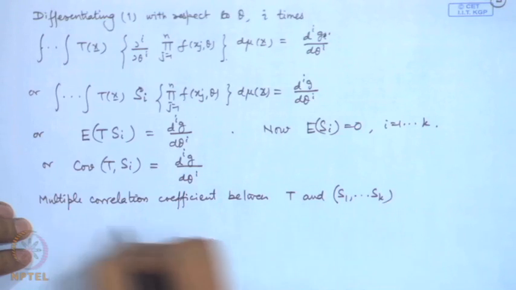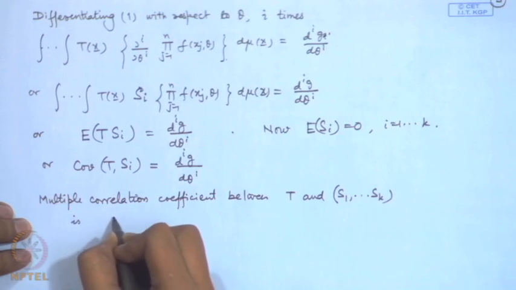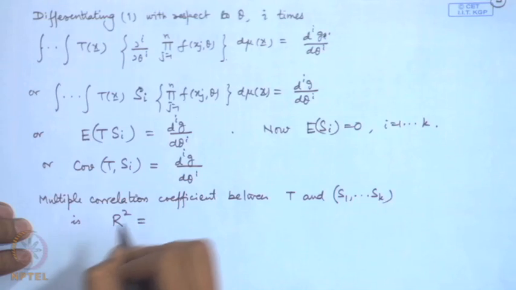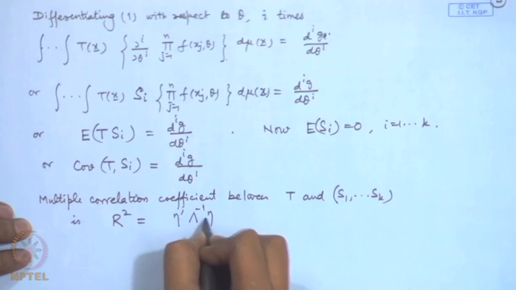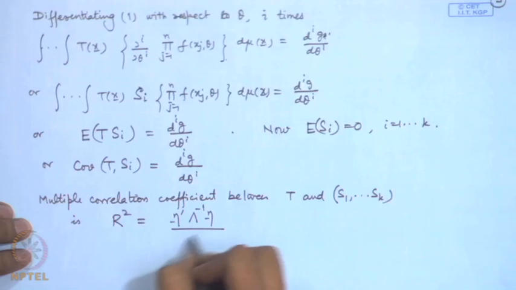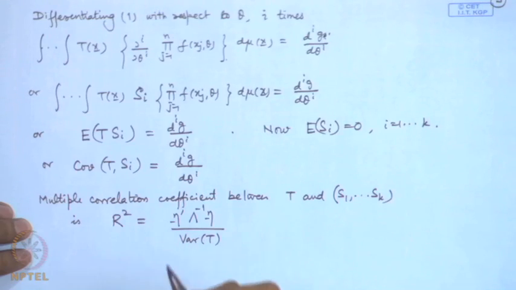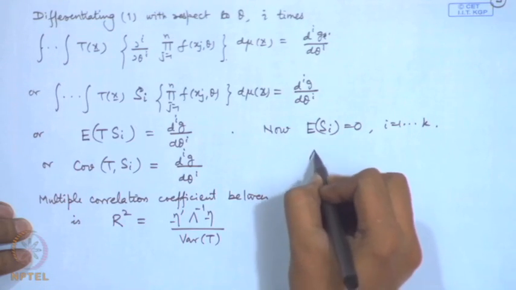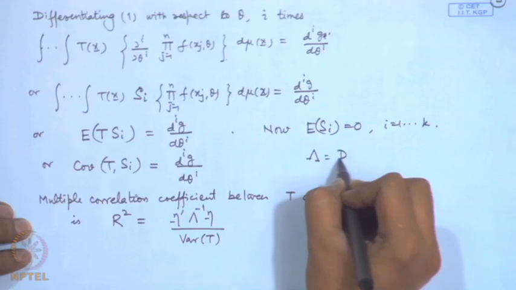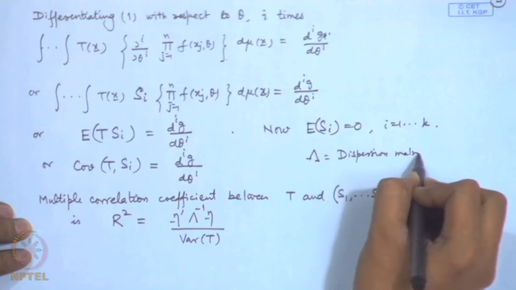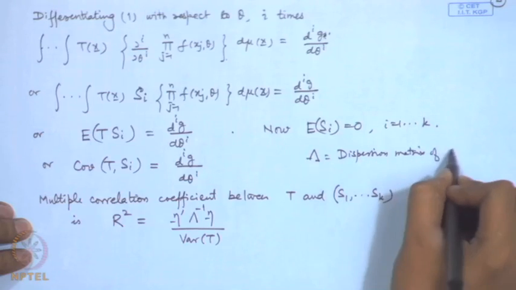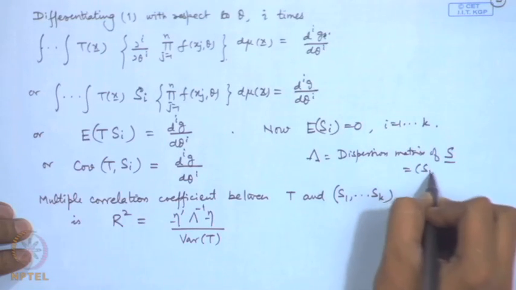That is equal to, let me use the notation capital R square, that is equal to eta prime lambda inverse eta divided by variance of T, because lambda was the dispersion matrix of S, that is S is equal to S 1, S 2, S k.